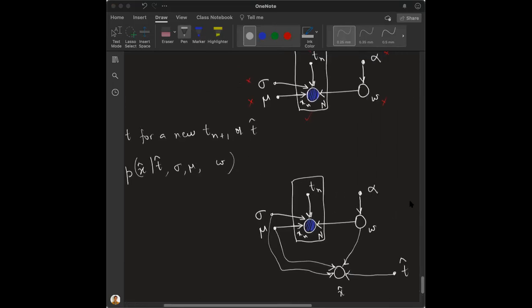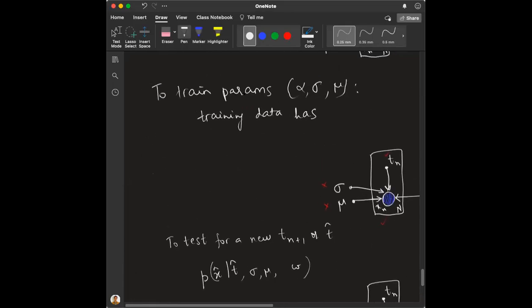In Gaussian mixture models, for the GMM, your W belongs to a categorical distribution, a discrete latent distribution.